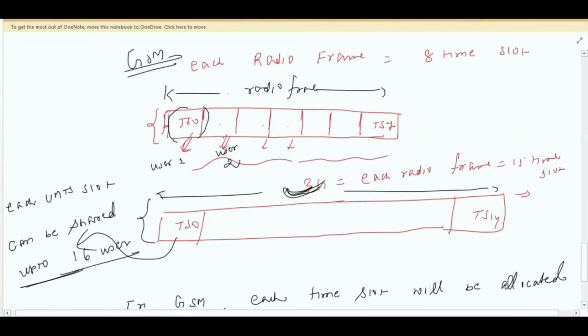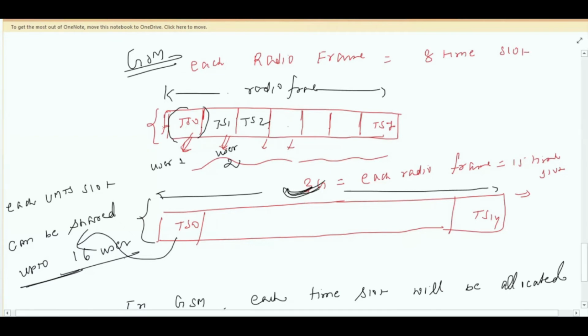So is it possible that any user can be allocated more than one slot in that same frame? See, in one frame you have 8 time slots. And again, don't think it's just theory. All this concept will be used in future when you work practically on the tools. आपको ये सब concept अच्छे से नहीं आएगा तो then you cannot analyze their logs and their values.